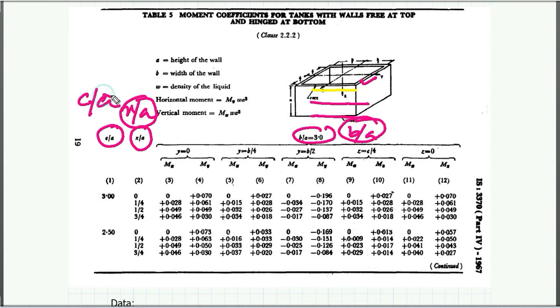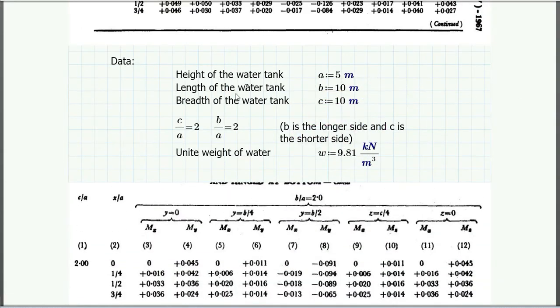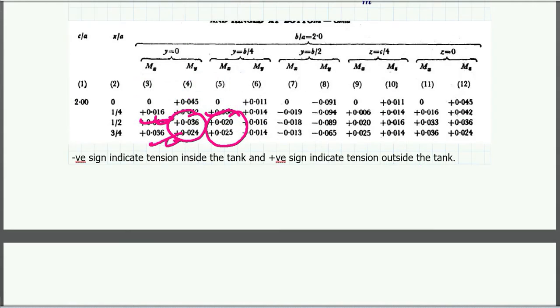So only two ratios are required for this purpose: C by A and B by A. Let's find out C by A and B by A for our problem. C by A is equal to 10 meters by 5, so it will be 2, and B by A is equal to 2. Looking at these two values, you can go into the required table.